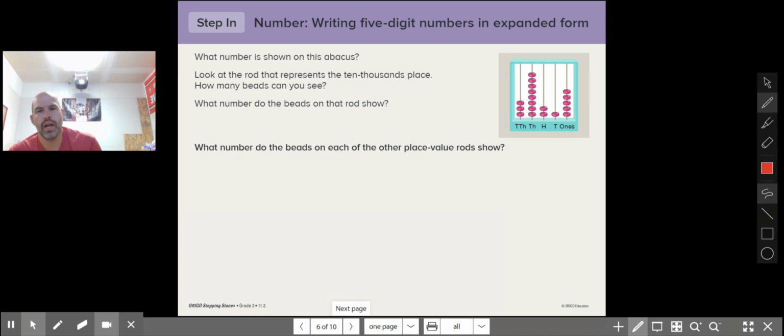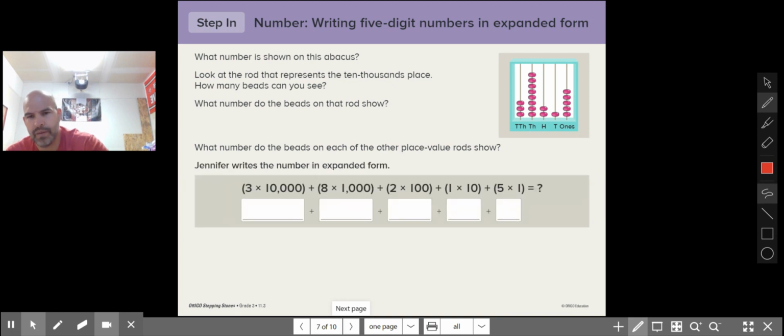Then it says, what number do the beads on each of the other place value rods show? So we would do the same thing again, right? We would take 8 beads times 1,000, and then 2 beads times 100, 1 bead times 10, and 5 beads times 1. All right? So you can see that right there.